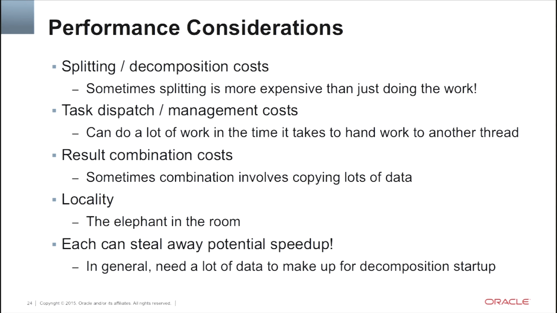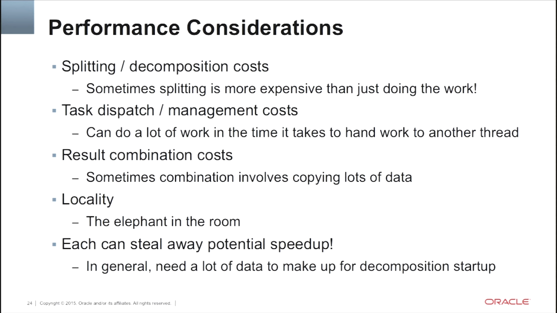One of them is, how efficiently can I split the problem? If it's cheap to split the problem, then that's good because I can be doing useful work very quickly. If it's expensive to split the source, then that's going to take time away that I could be doing actual work. Similarly, if I'm sending messages to activities that are running in different threads, there's a cost here.